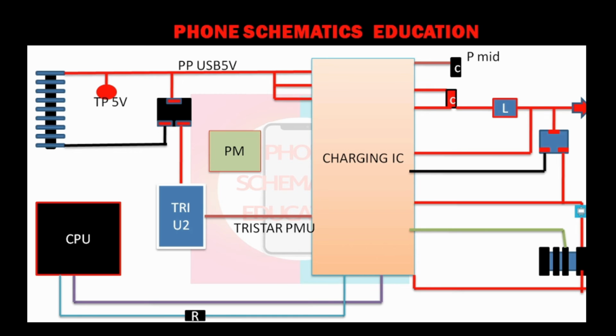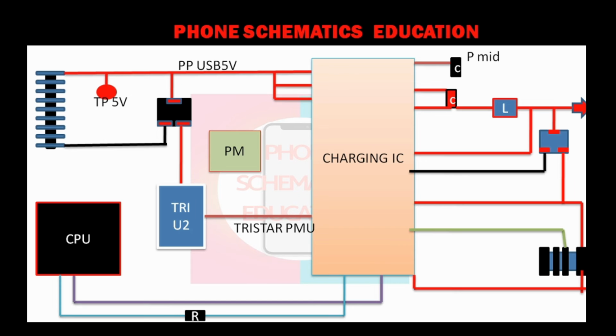Through this line, VBUS detection, right? So this resistance is also important, right? So if this line is damaged, your charging is not detected, right? In off condition, also in on condition, right?